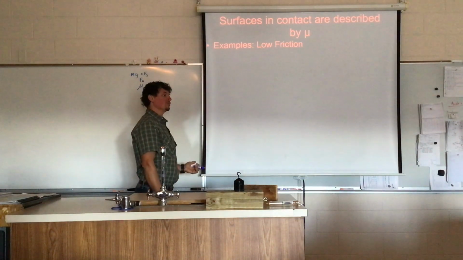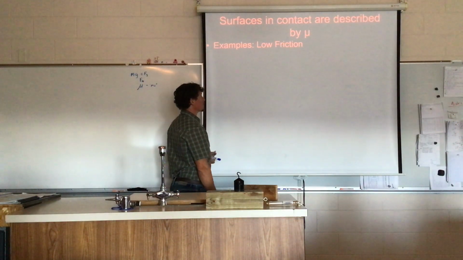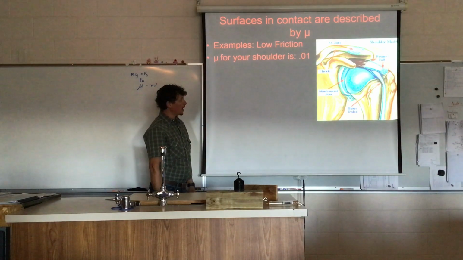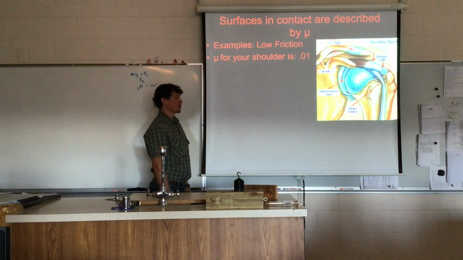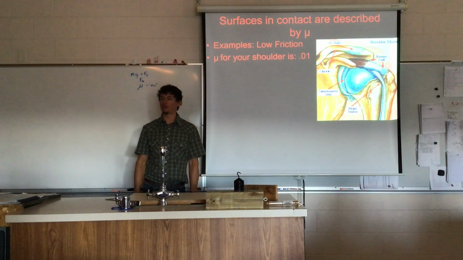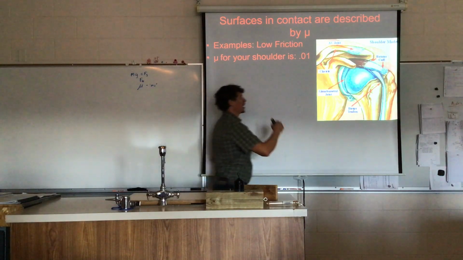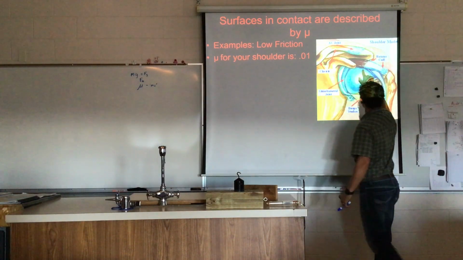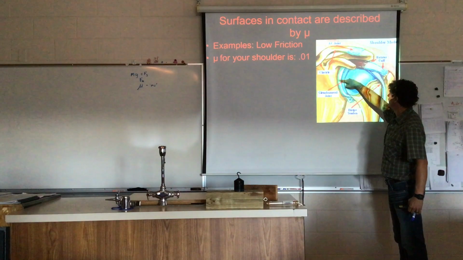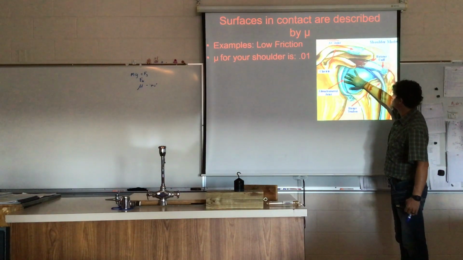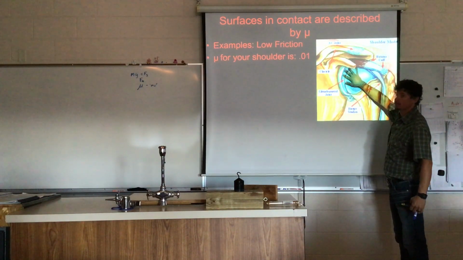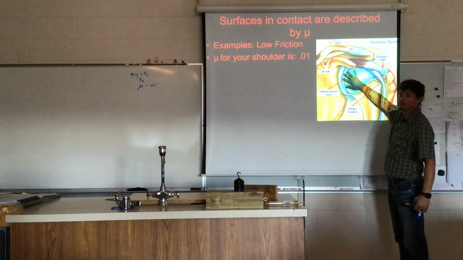So, examples of mu values, or coefficient of friction. Some low friction examples: our shoulder joints and our hip joints. We got a ball socket, and inside that socket we've got a smooth bone, and then the inside, and what's this filled with right here? Ewy stuff.